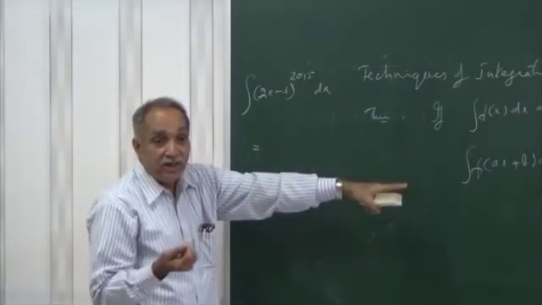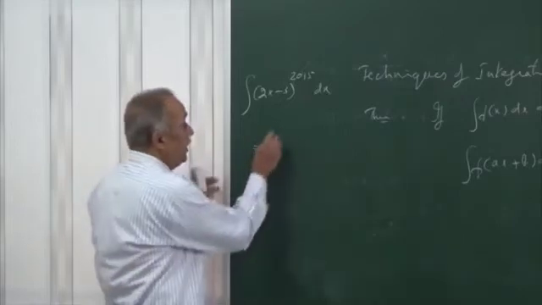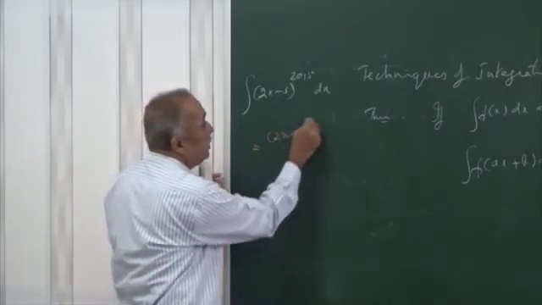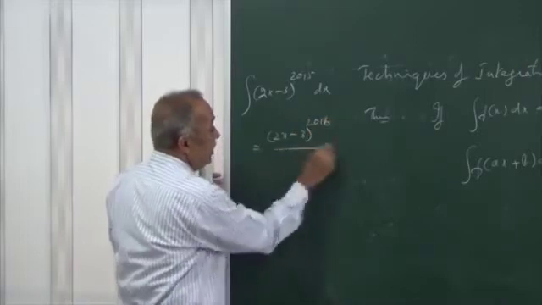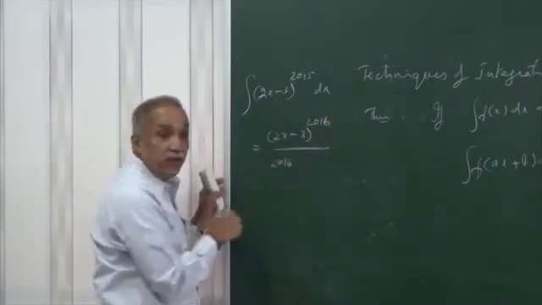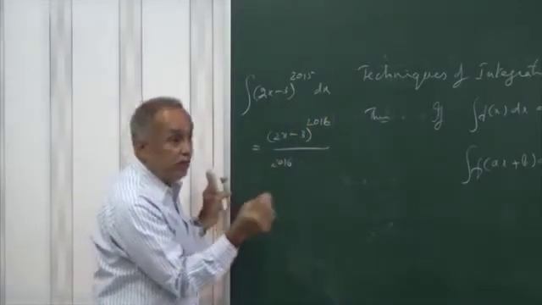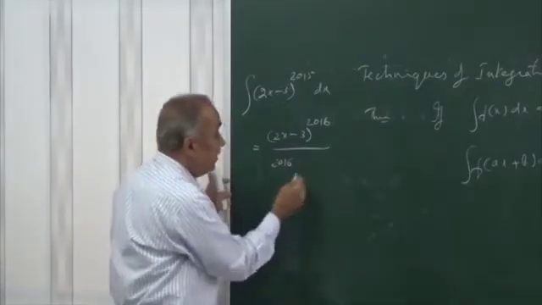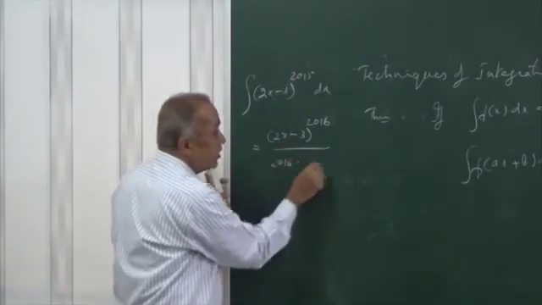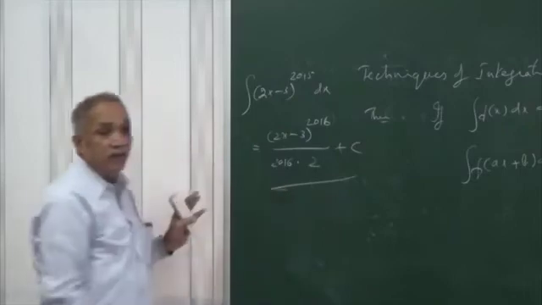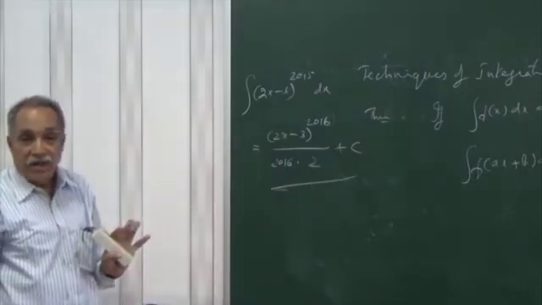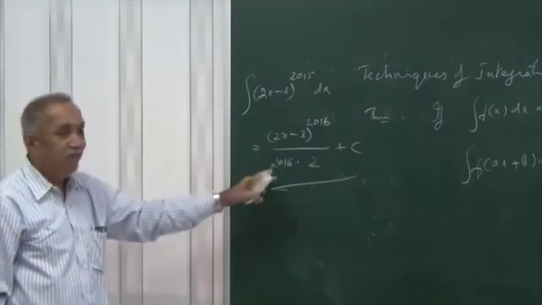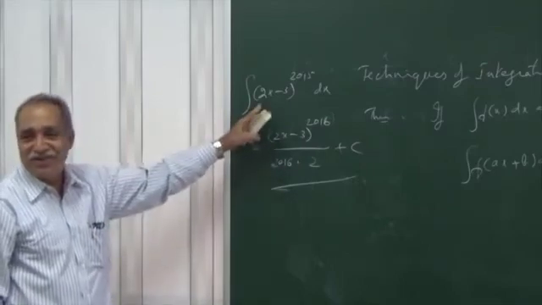The integral will be (2x minus 3) to the power 2016 divided by 2016, got by applying the formula. One extra thing, you have to write in the denominator a, the coefficient of x. If you want, you can cross check by differentiating this.